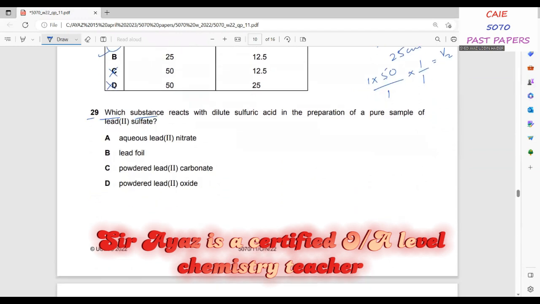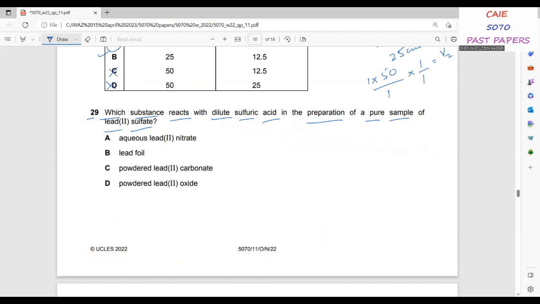29. Which substance reacts with dilute sulfuric acid in the preparation of a pure sample of lead-2 sulfate? Lead-2 sulfate is an insoluble salt, and lead is also among the less reactive metals.